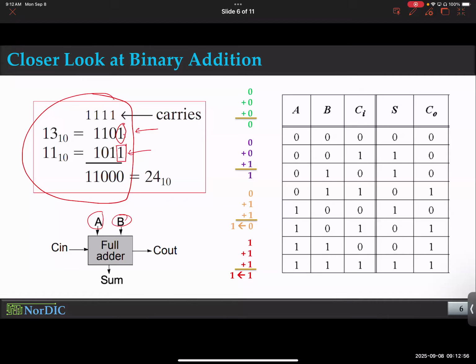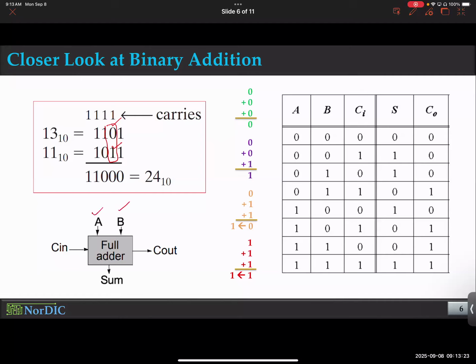But what happens when you add these two digits together? As we discussed in the last class, 1 and 1 will give you 1, 0, but you can only put one bit here, which is 0. So you have to give the other bit to the next position. So you provide a carry to the next position. So now if you're looking at the next position here, you have two inputs, of course, one bit coming from one of the numbers, second bit coming from the second number.